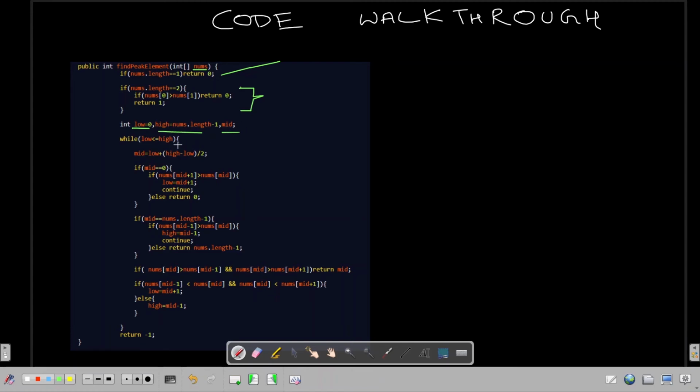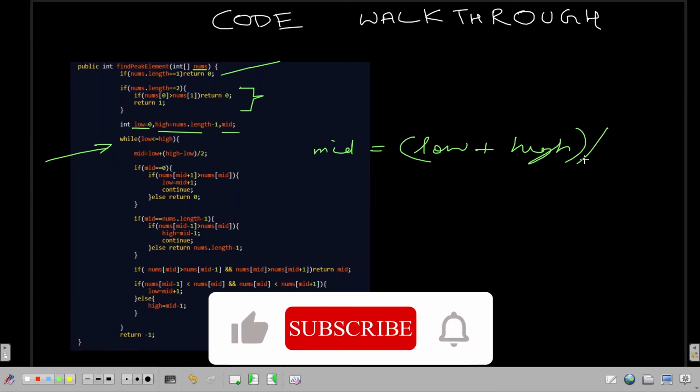Okay, so this is the while loop. While low is less than or equal to high, I'm calculating mid. Now, some subscribers also ask me why you calculate mid like this. You can also do mid equals low plus high by 2. So the answer is pretty straightforward actually.